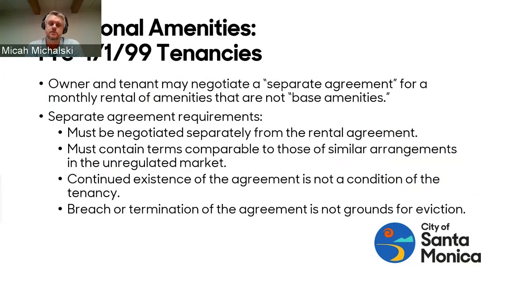The breach or termination of that agreement is not grounds for eviction. So if for a certain amount of time you agreed to have a pet added, or parking or storage, something like that, and you no longer wanted to continue that, or the landlord was no longer able to provide that, that would not be grounds for terminating the tenancy. Next slide, please.